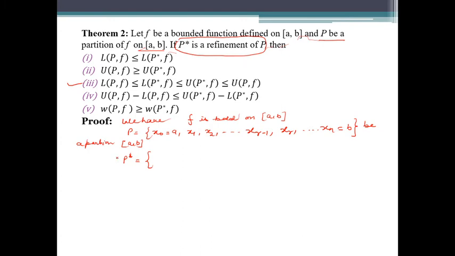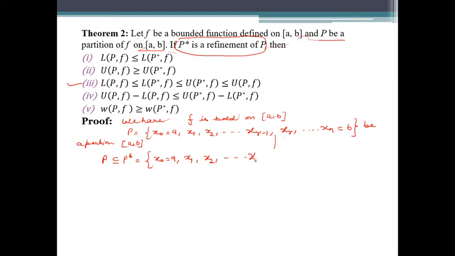That means P is properly contained in P star. So we take an extra point in the r-th subinterval, and we say this point is equal to alpha. So x naught, and all the other points are the same as in partition P. So P star contains an extra point in the r-th subinterval.